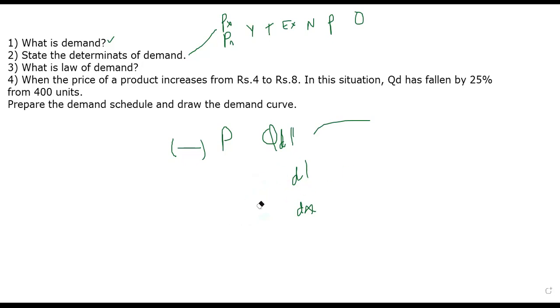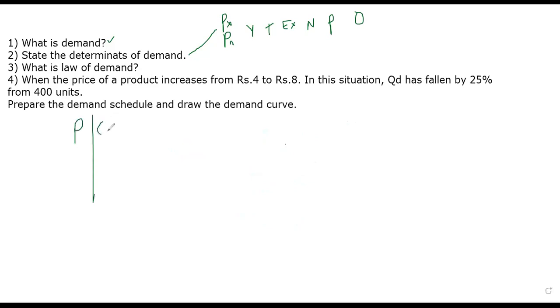Now we'll come to the fourth one, where an application has been asked. When the price of a product increases from rupees 4 to 8, QD has fallen by 25% from 400 units. Prepare the demand schedule and draw the demand curve. Now, when preparing the demand schedule, the statement has to be put in a table.